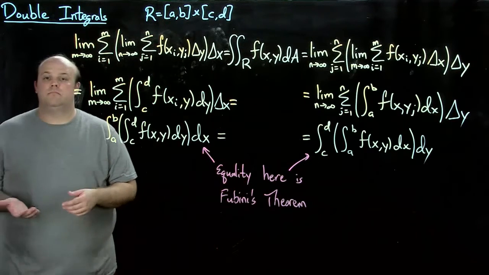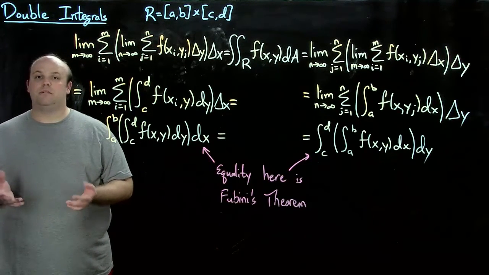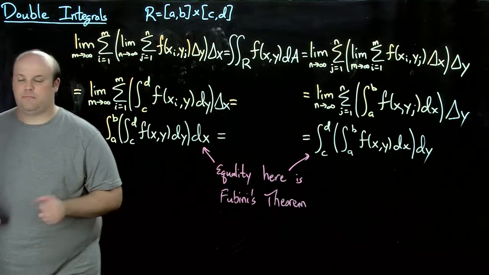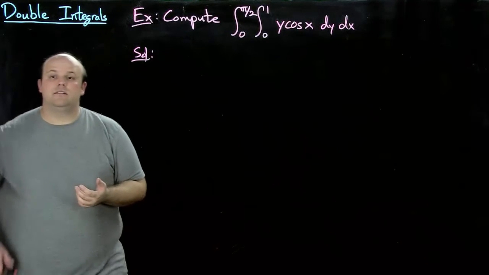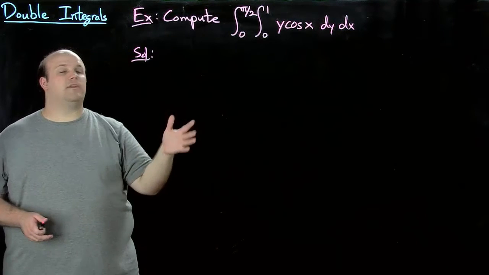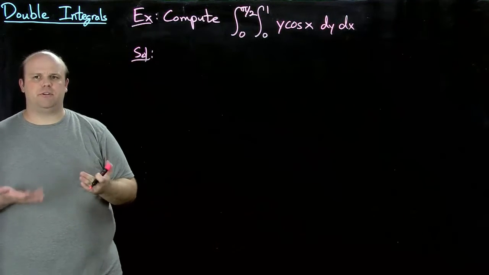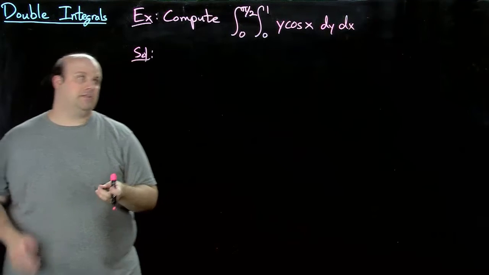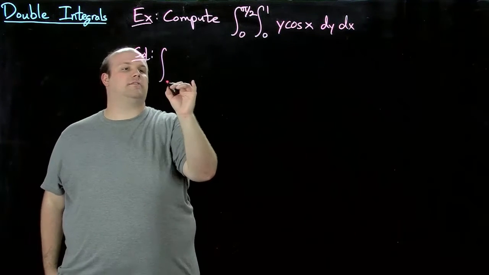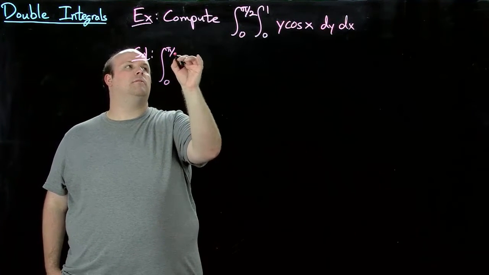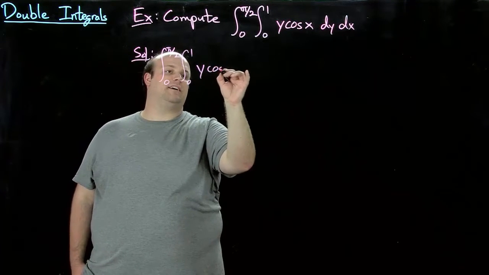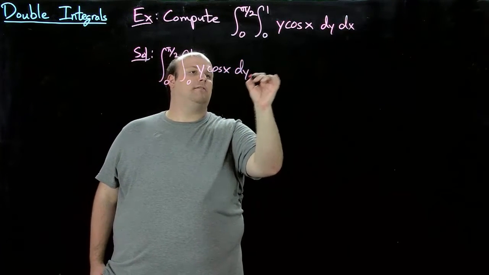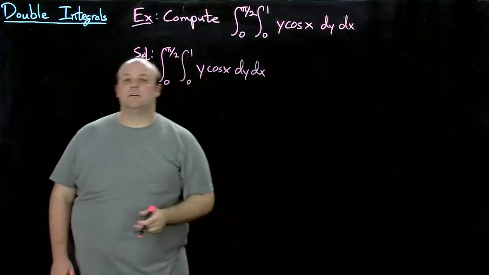Okay, so now let's just do a quick example of computing a double integral. It's pretty straightforward, so let's just get right into it. All right, so we want to compute the integral from 0 to pi over 2, 0 to 1, of y cosine x dy dx.